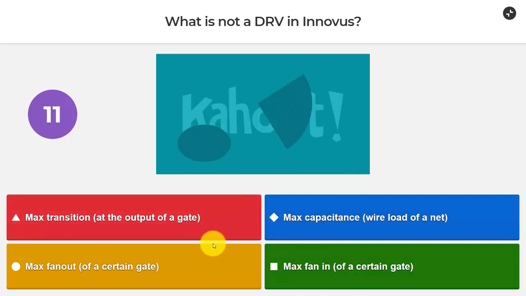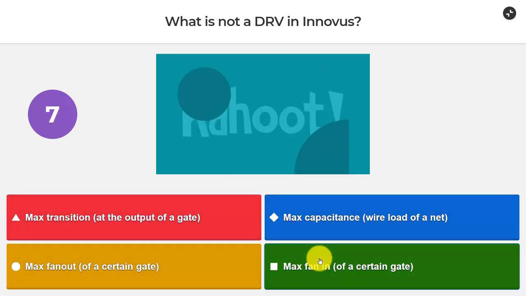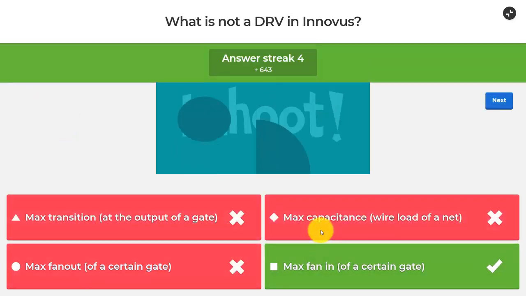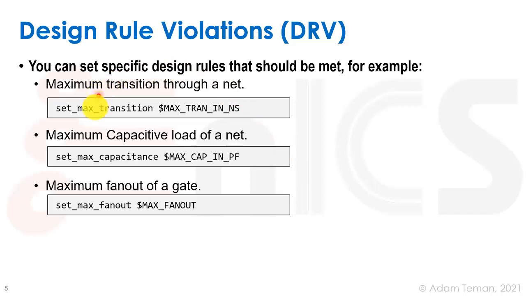And this is actually a question that we had before during our STA lecture, and we saw that the answer was max fan in. Now, why is it that I brought this back up? As we saw, we have in our SDC these types of commands: set max transition, set max capacitance, and set max fan out. And what we said about regular logic is that we're going to have our max and our min transition have to be such that we fall inside the tables that we have in our libraries, in our libs.